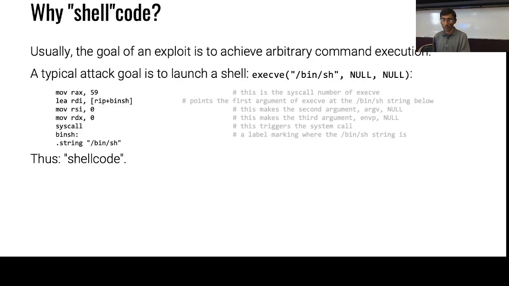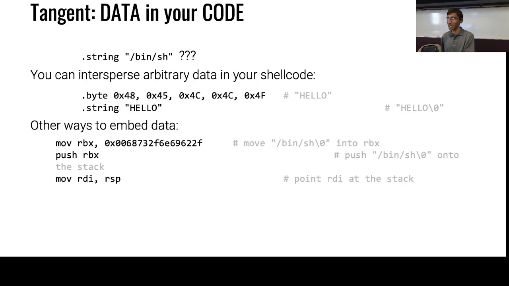And we saw that in this slide, in which we are spawning the shell using execve, this shell is passed as the argument with a string. You can pass it in different ways. That's what we saw here. You can pass it as a binary, as a byte, or as a string, or as a hex code that we show as part of embedding the data.